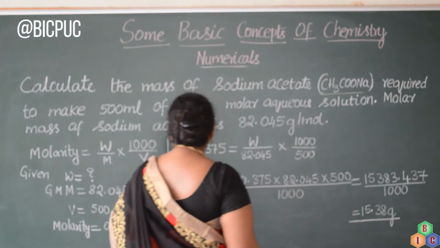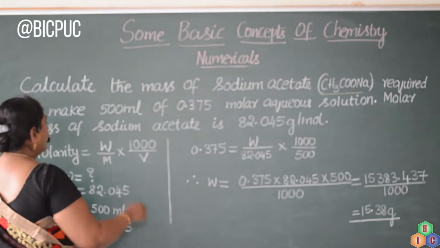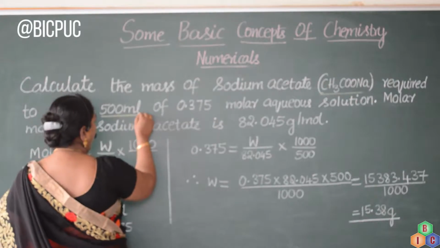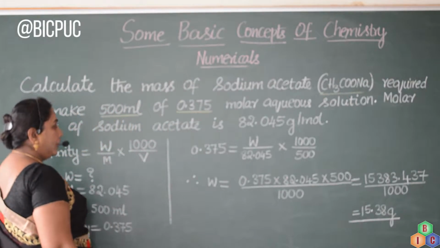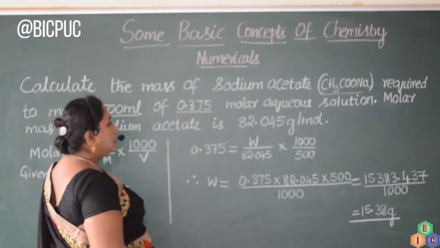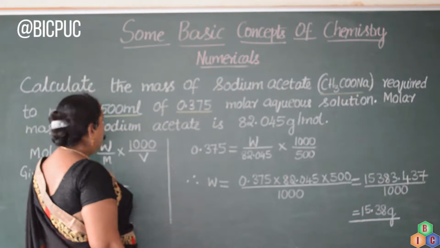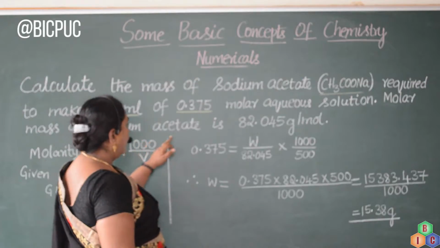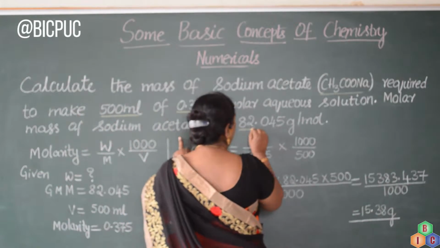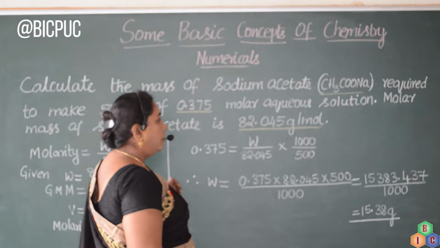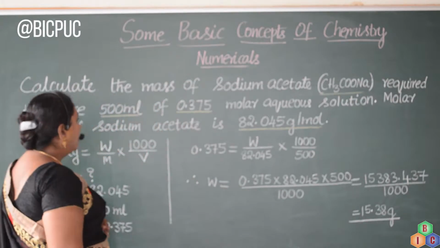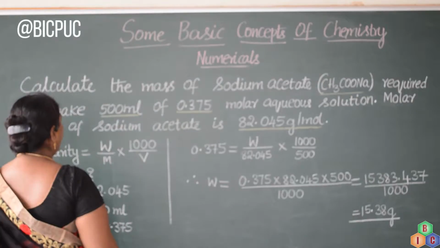CH3COONa, required to make 500 ml of 0.375 molar aqueous solution. Molar mass of sodium acetate is 82.045 gram per mole. So, what is it that we are supposed to calculate?